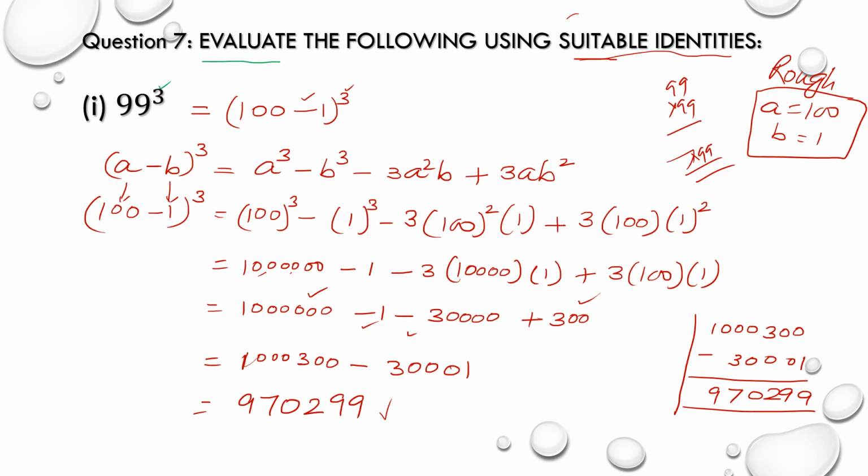Why 100 minus 1? Because 99 is very close to 100. So this is the way we have calculated, we have evaluated 99 cube. Now let's move to next question.